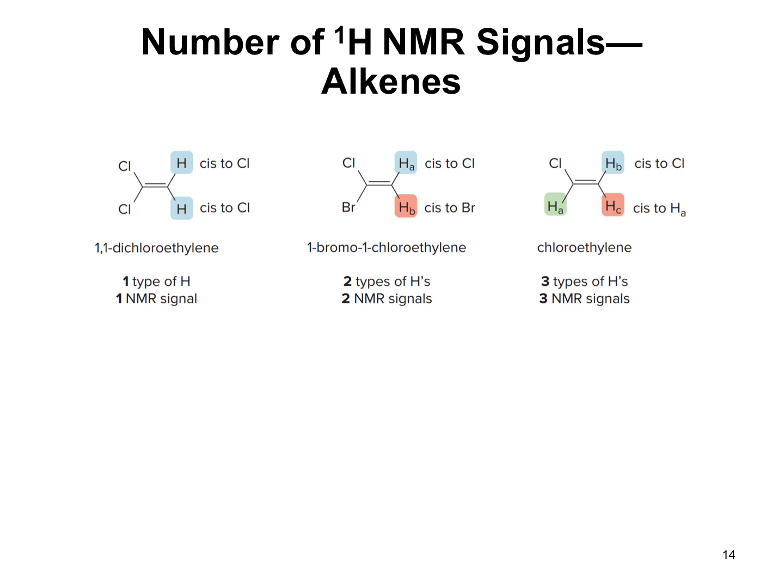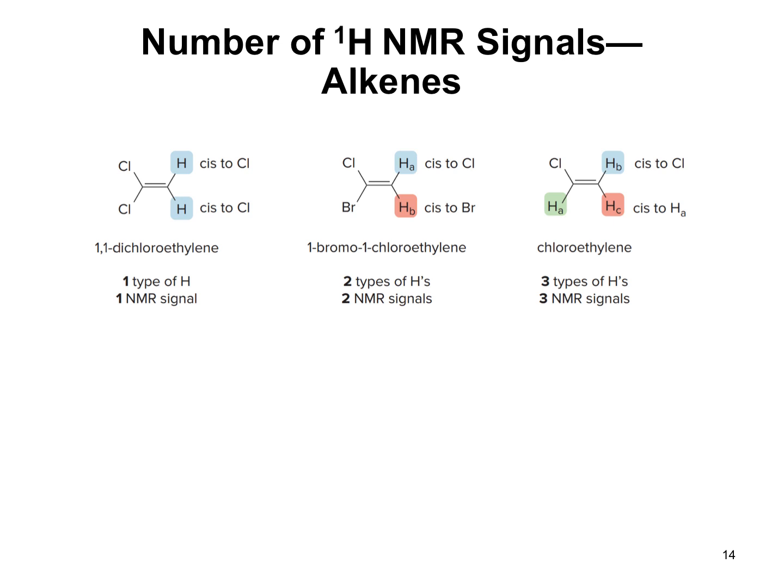Let's talk about the number of proton NMR signals in alkenes. If you're comparing 2 hydrogen atoms on a ring or a double bond, the 2 protons are equivalent only if they are cis or trans to the same group, okay?